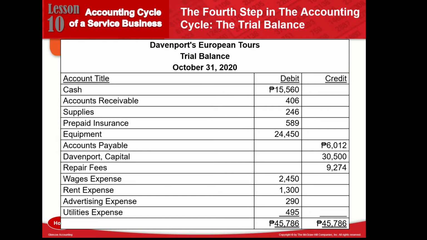Expenses have their normal balance on the debit side. Summing up the debit total and credit total gives 45,786 pesos, with a double line proving the equality of debits and credits. I guess you are all ready to make a trial balance.